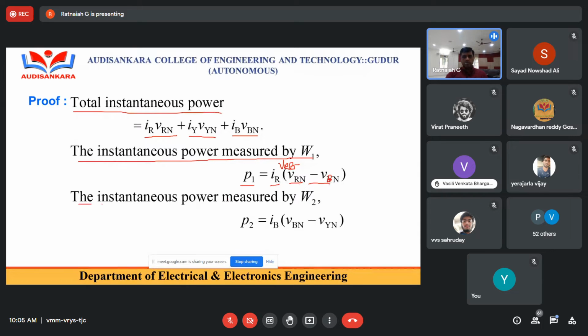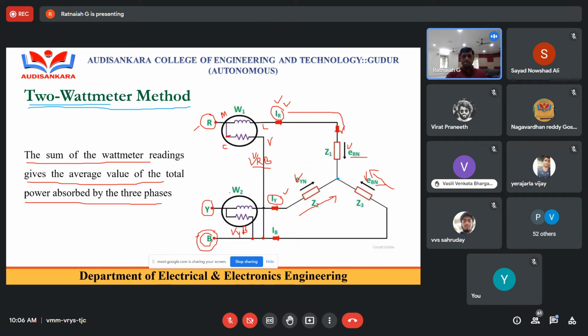Similarly, the instantaneous power measured by the second wattmeter W2, that is P2, is current into voltage. The current is IY and the voltage is VYB, where VYB is a line voltage.